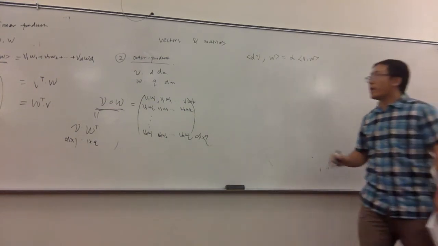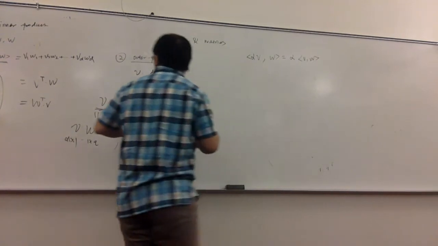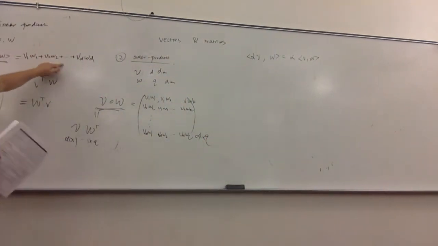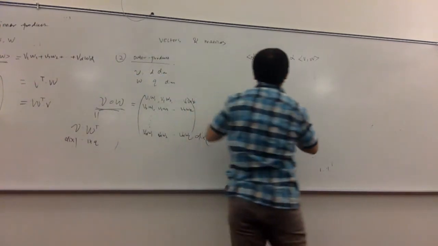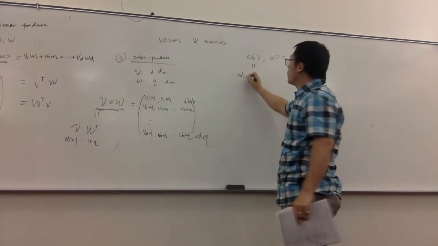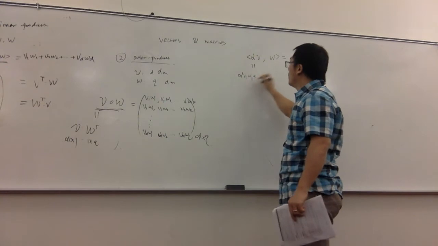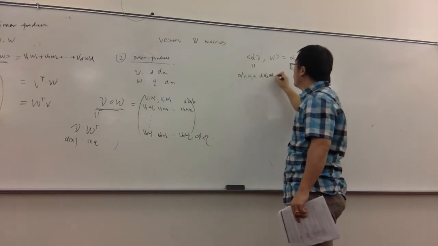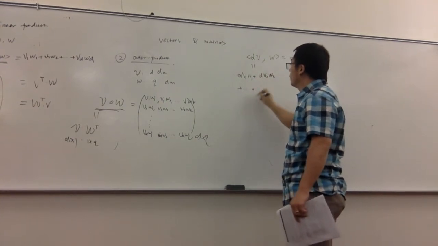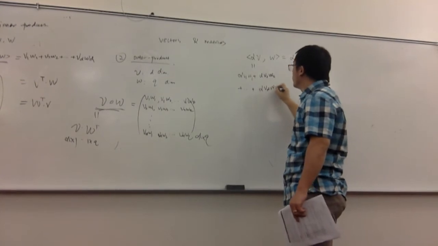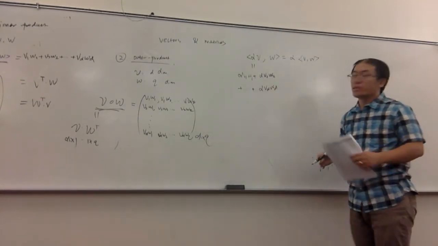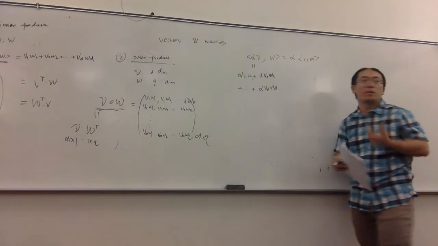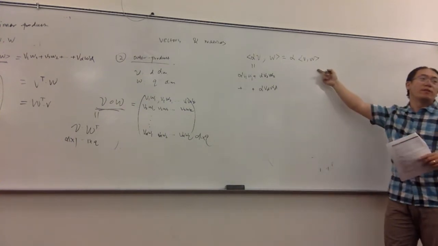This is pretty easy to check because you can use the definition. The inner product between alpha V and W would be alpha V1 W1 plus alpha V2 W2 plus and so on until alpha VD WD. And now you just extract alpha outside this summation, and you end up with this.